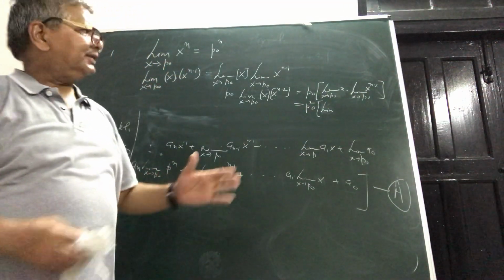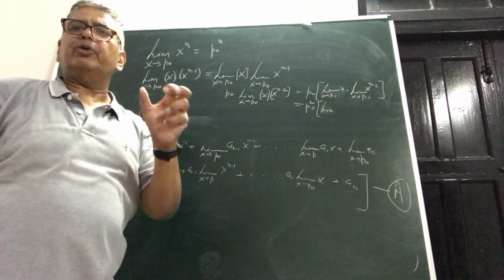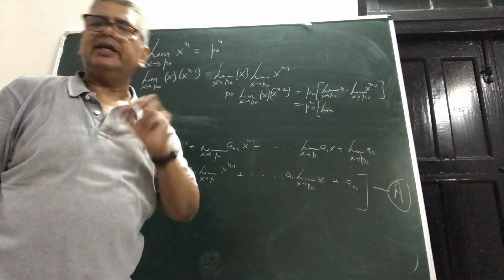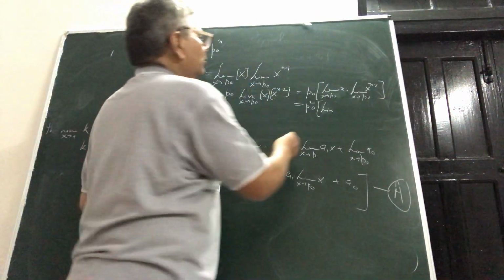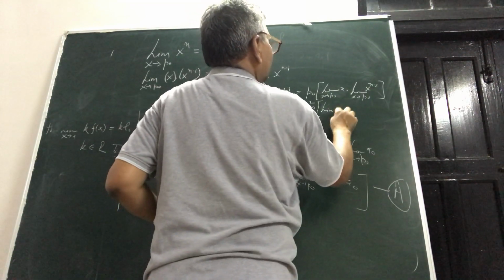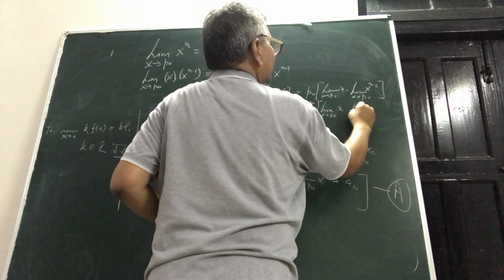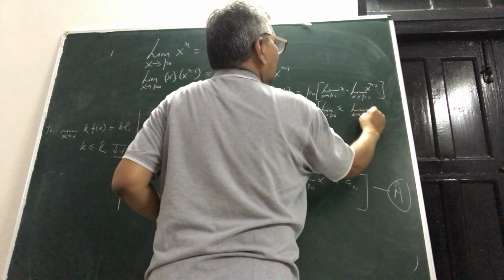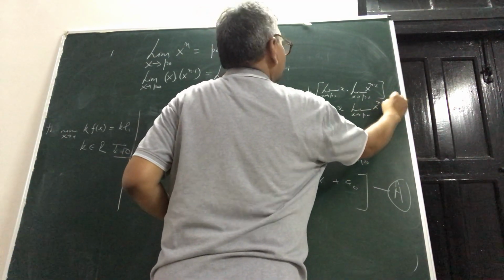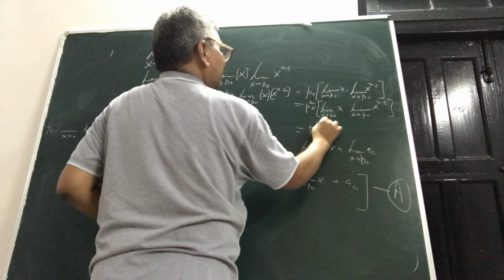The repeated iterations of the limit of the product of two functions being equal to the product of their individual limits will eventually lead to limit x tending to p naught of x into limit x tending to p naught of x raised to power n minus 3, and so on. Repeated, eventually you will get p naught raised to power n.